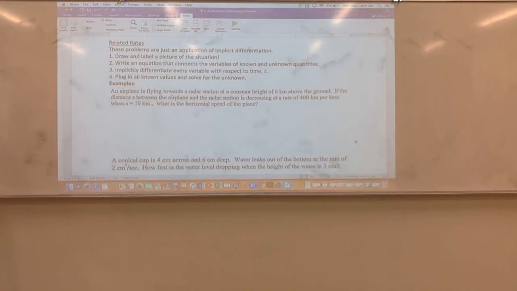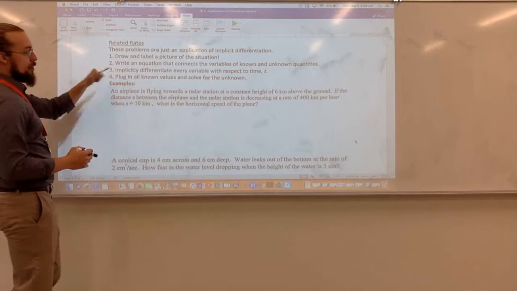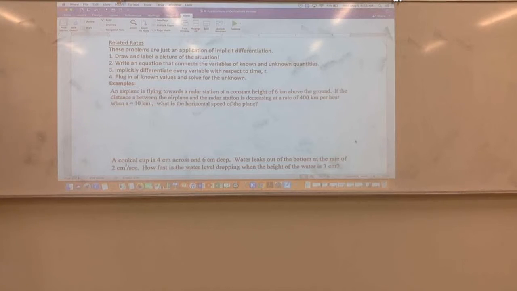Then we need to write an equation that connects all of the variables and the unknowns in the problem. Then implicitly differentiate every variable with respect to t. So every time I take the derivative of a variable, I tack on a d whatever dt. Then I plug in everything that I know, and I should only have one unknown to solve for.